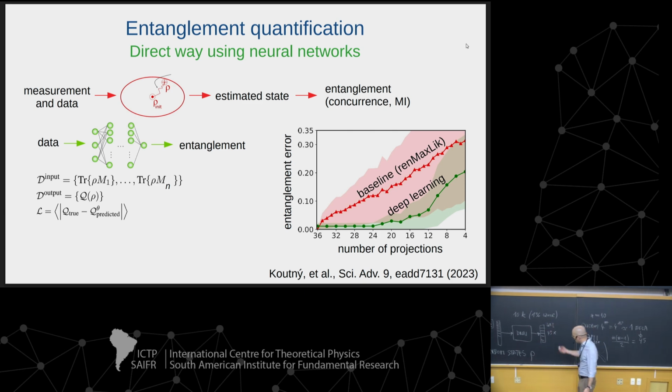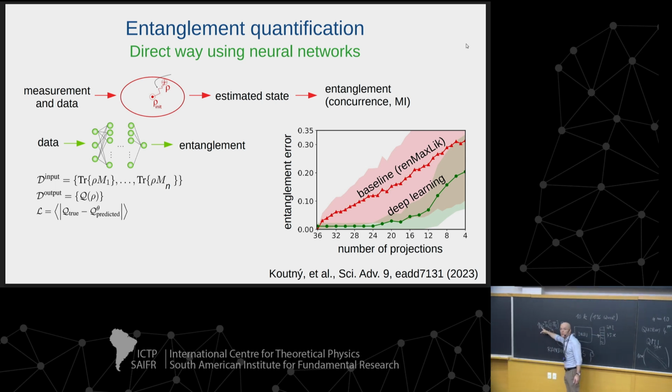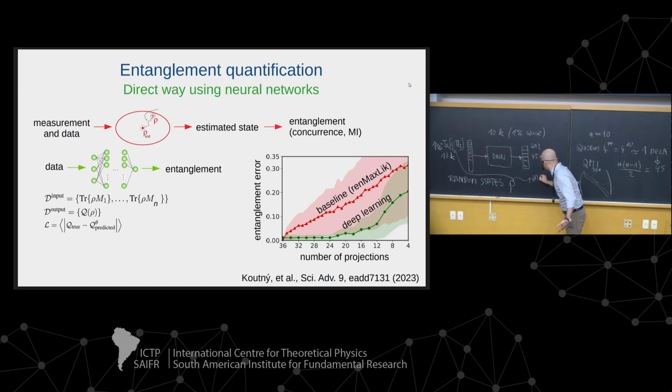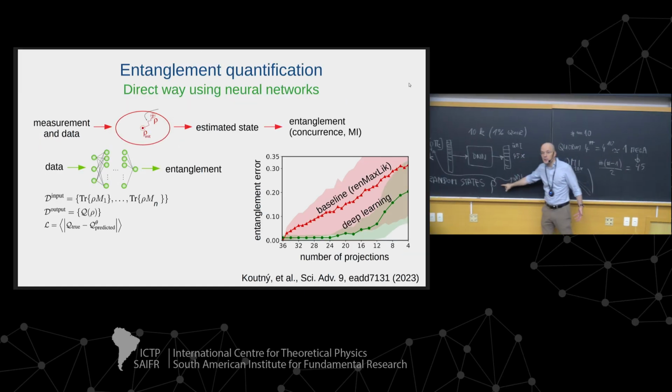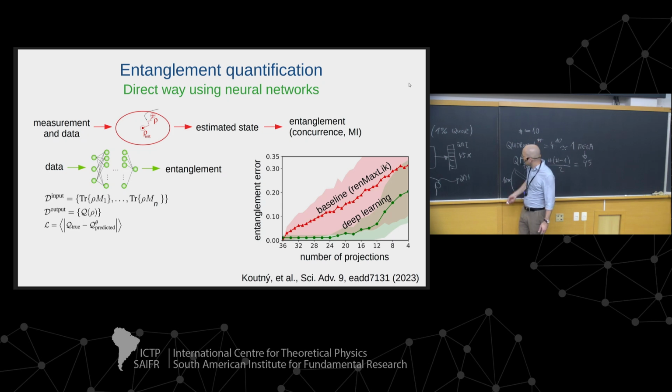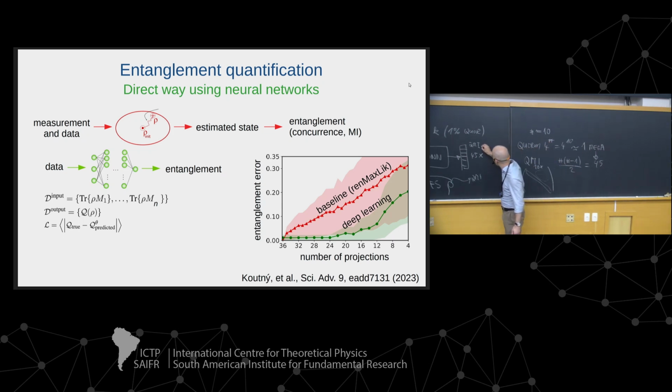And now, of course, with the numerically generated state, we can compute the input for the network, the ideal probabilities, and also we can compute the quantum mutual information from this theoretical density operator.